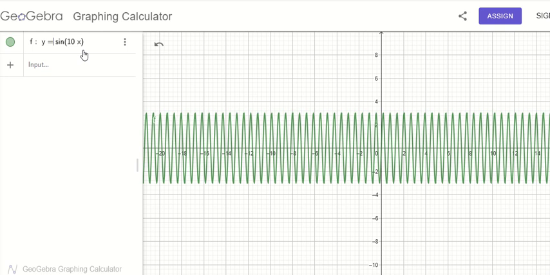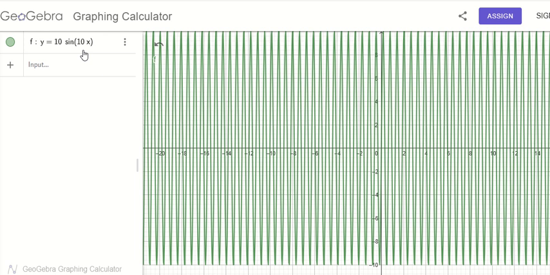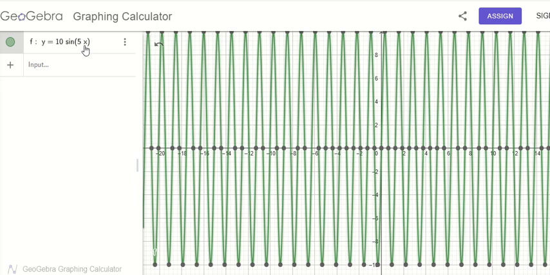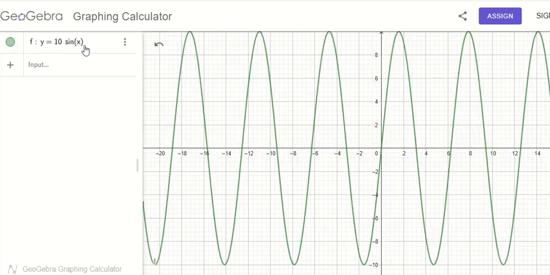If I put something big again, a 10 outside, now you've got that going on. And then if I reduce this back down, maybe a 5, now the graph will be more spread out. Yeah, slightly. And we'll reduce that back down.